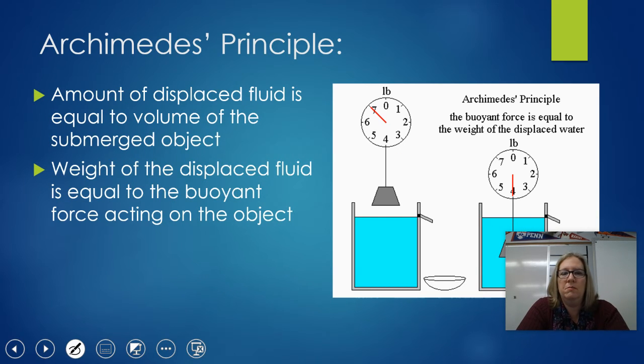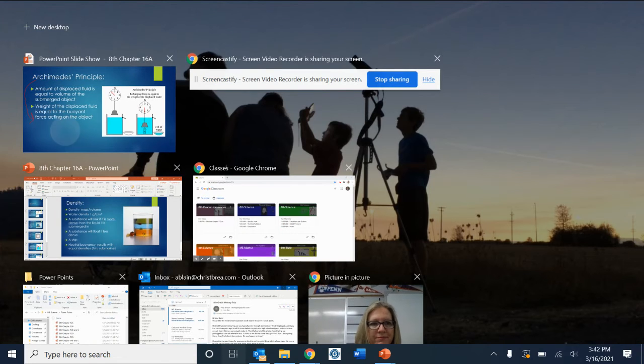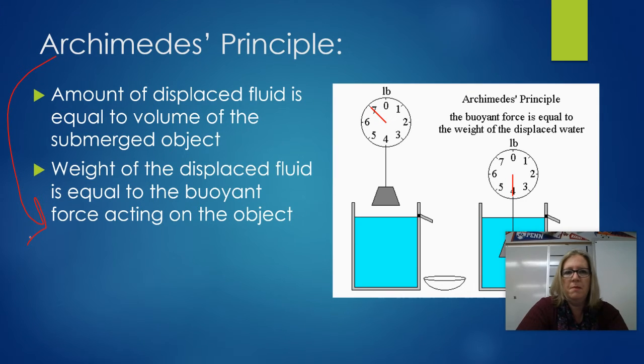So now we get to Archimedes' principle that has everything to do with buoyancy, okay? So Archimedes' principle tells us that the amount of the displaced fluid is, first of all, well, this is the principle down here, but this is important to know. The amount of displaced fluid is equal to the volume of the object, okay?